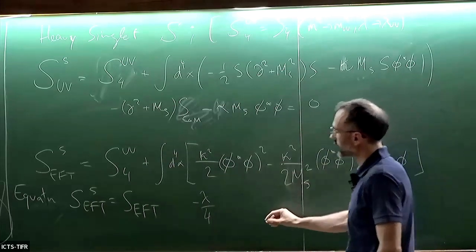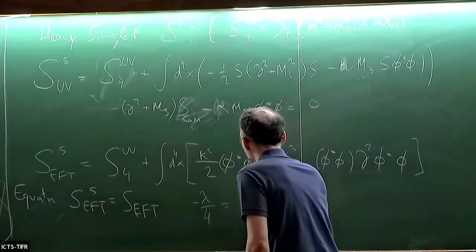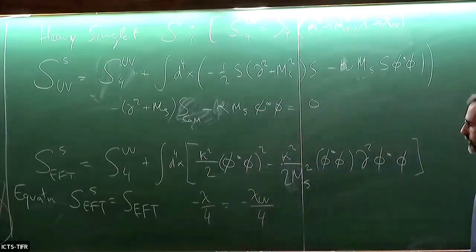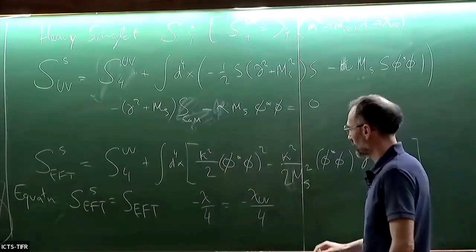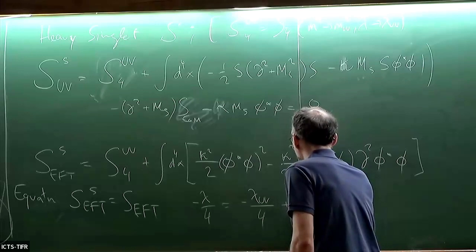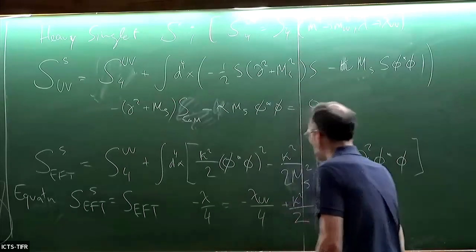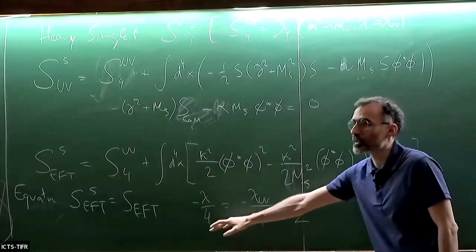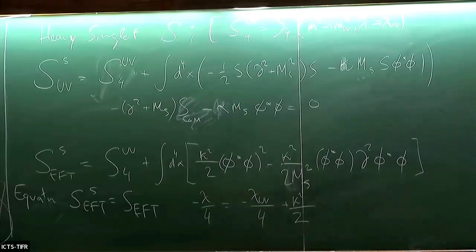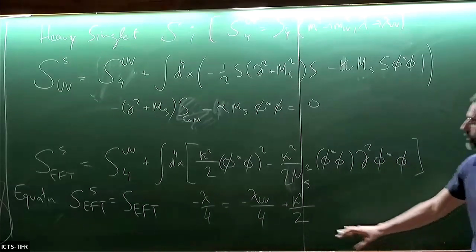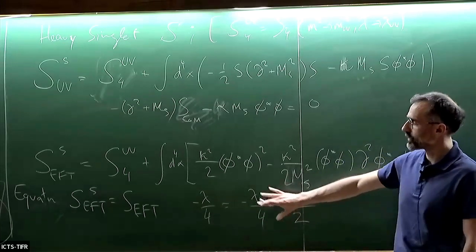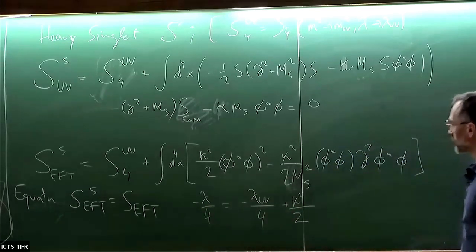In here it will be minus lambda UV fourths, and then that extra contribution of kappa squared halves. So for starters, the quartic coupling is not the same in both theories. It's corrected by that term, but when you're at low energy, you don't care: an unknown being the sum of two unknowns is just an unknown that you call lambda.